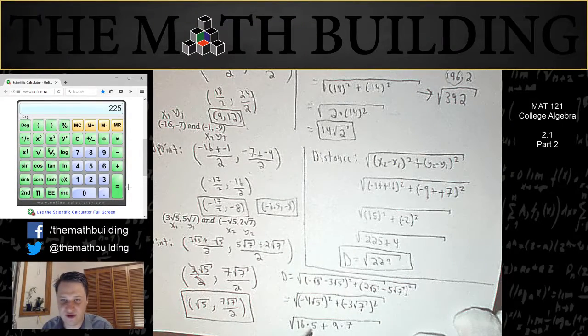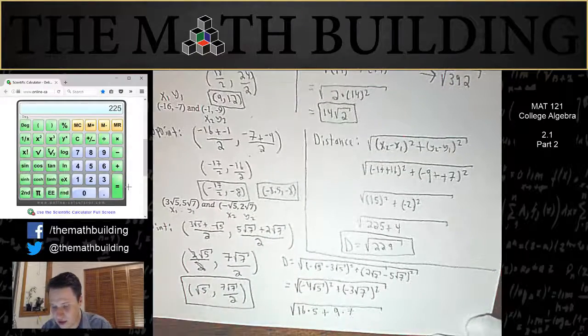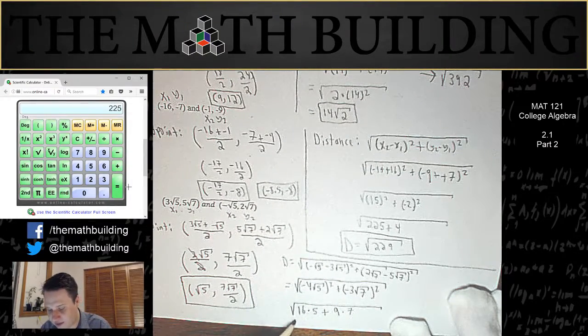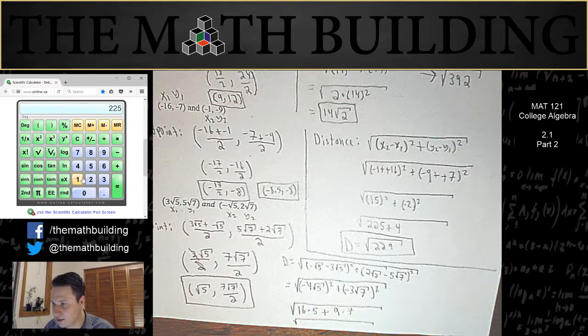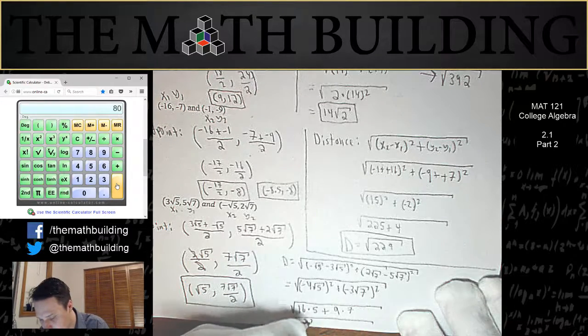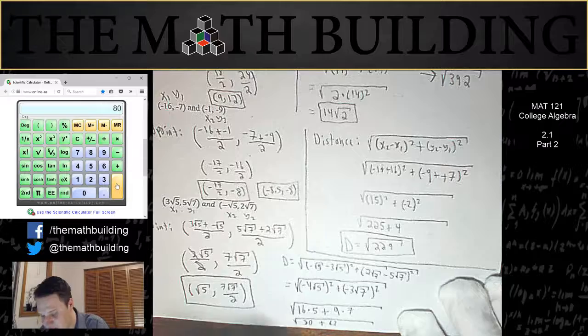So we have 16 times 5 plus 9 times 7. So let's simplify that a little bit. 16 times 5 is 80. 9 times 7 is 63.